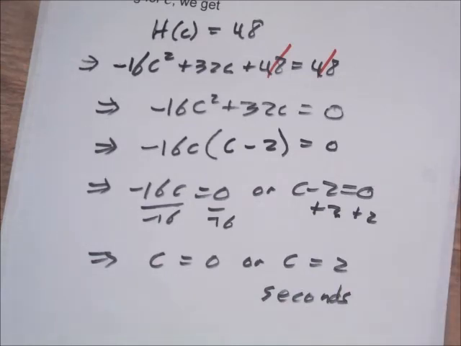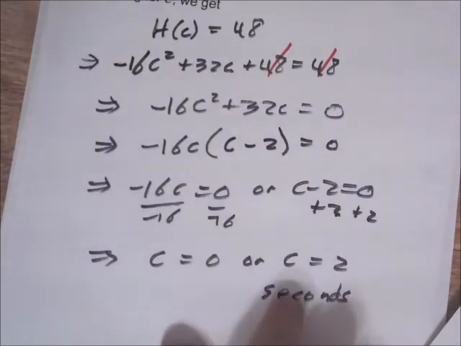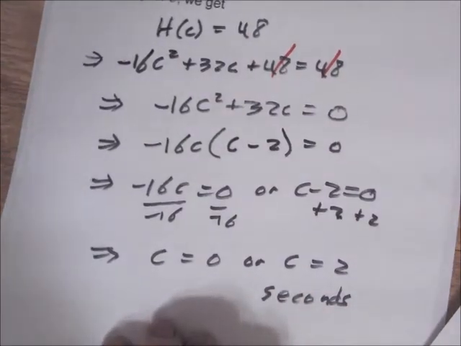In this case, we actually had the average value at time 0, but there's also at least one more point. We got one additional point at time 2 seconds where the height of the rocket was equal to the average height.